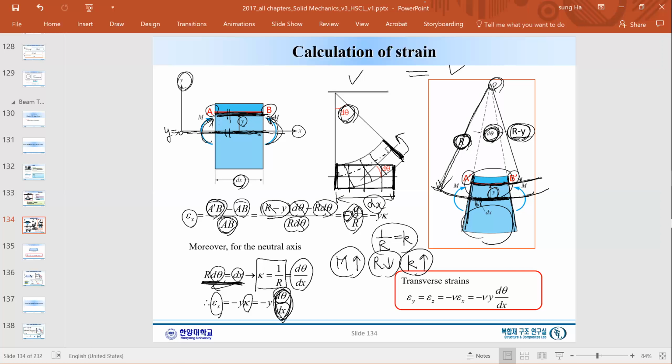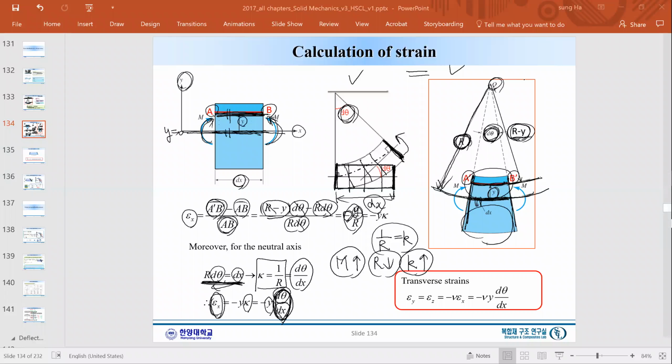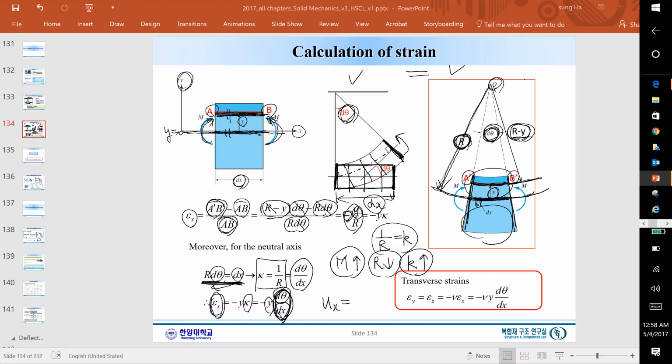this one we observe that epsilon x is proportional to y, and this is a constant, d theta dx, the rate of the rotations, and that is the strain definitions. Basically, this epsilon x has a relation with the displacement, and this displacement we can say ux.